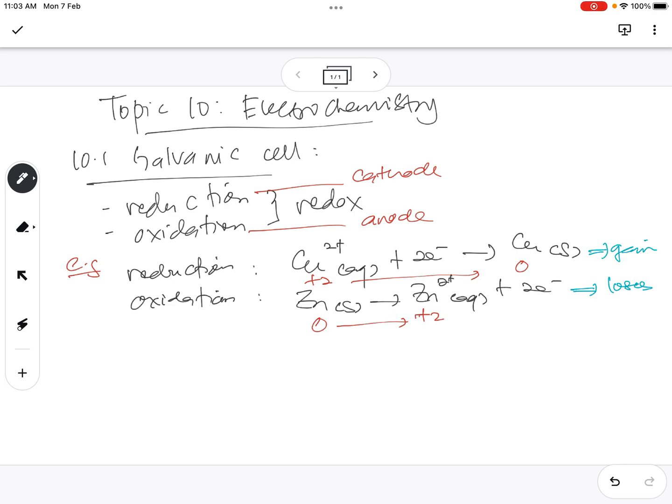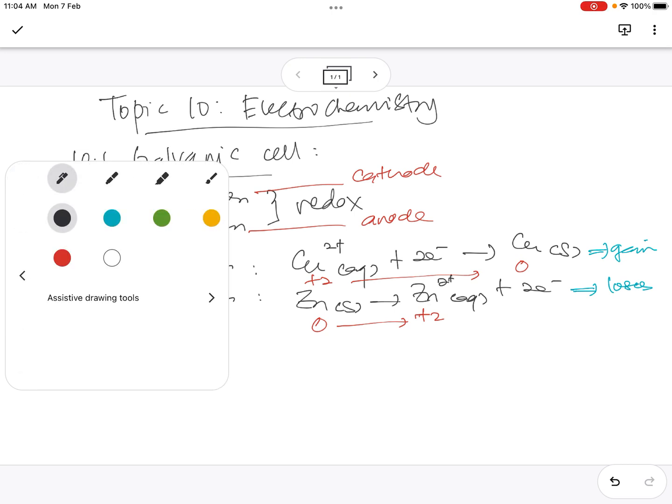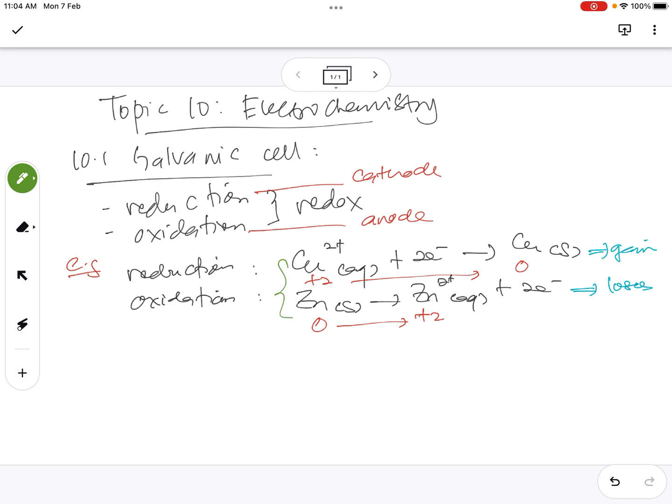What else we have here? Another term. This equation is known as half cell reaction, ataupun boleh juga panggil half cell equation. Okay, ini dikenali sebagai half cell reaction or half cell equation.